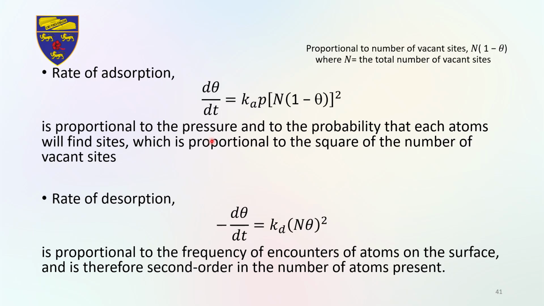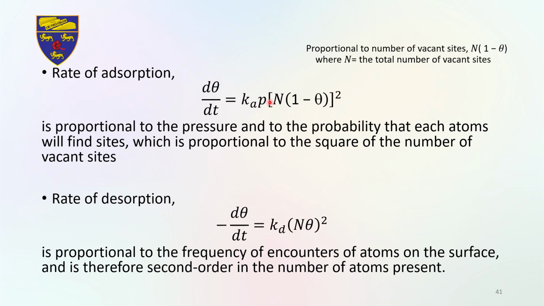And the rate of adsorption is given by these equations here, which involve the pressure. Just like non-dissociative adsorption, the rate of adsorption is proportional to the partial pressure of the adsorbate, because that determines how frequently the molecules strike the surface.